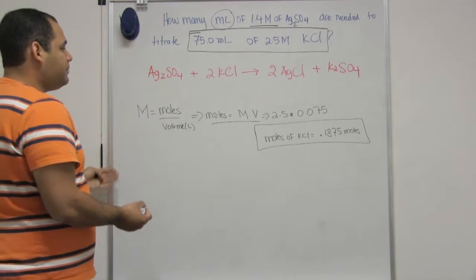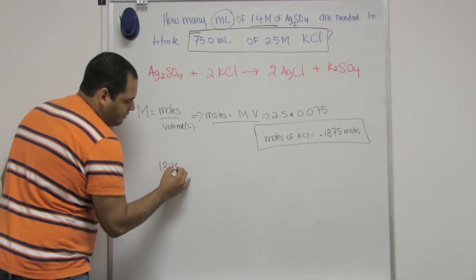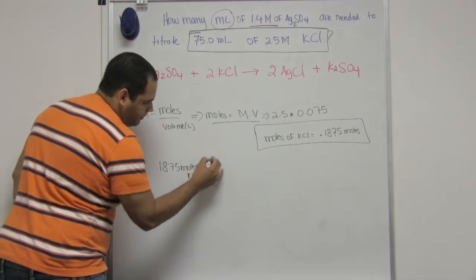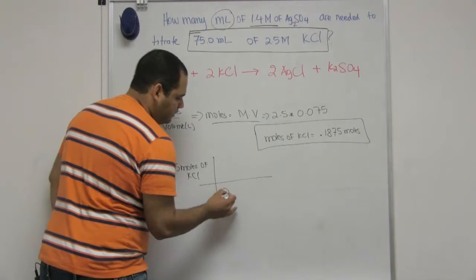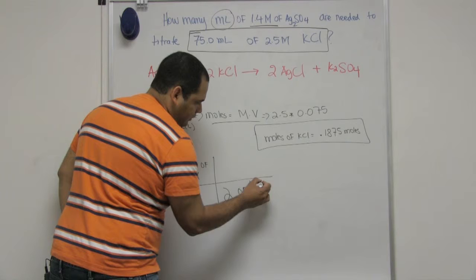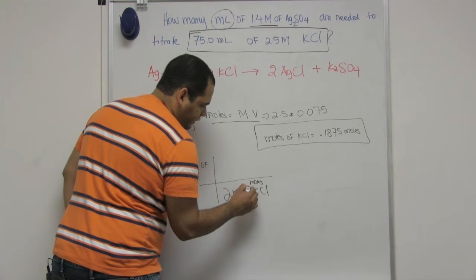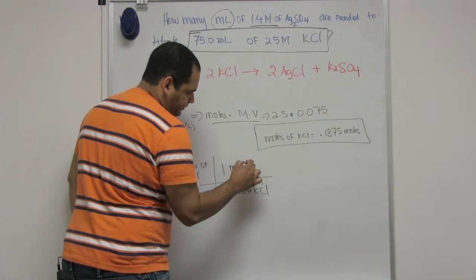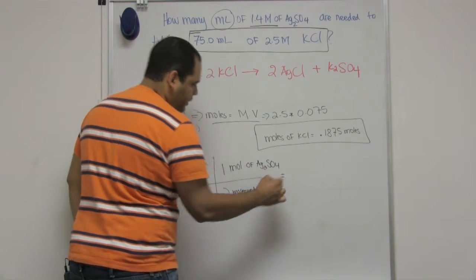I can use the mole map. This is step number 2. I have 0.1875 moles of KCl, and I look at the balanced equation: 2 moles of KCl to 1 mole of Ag2SO4.